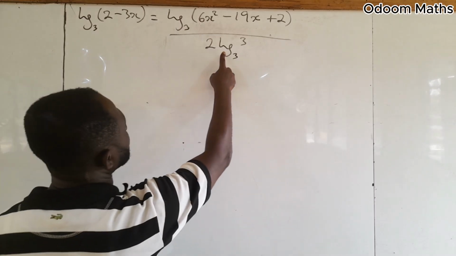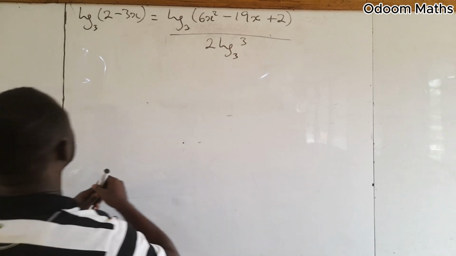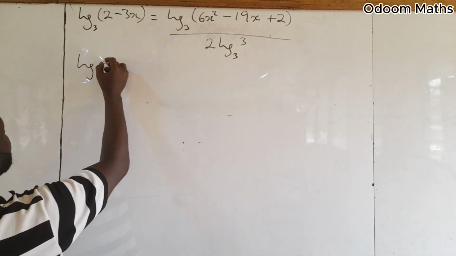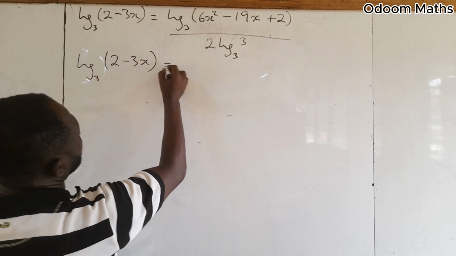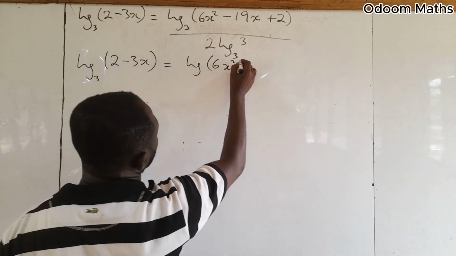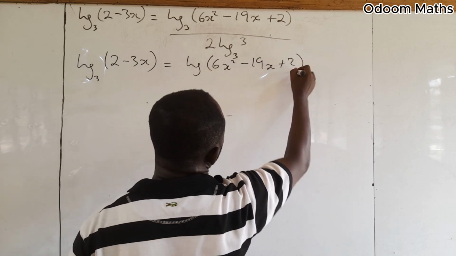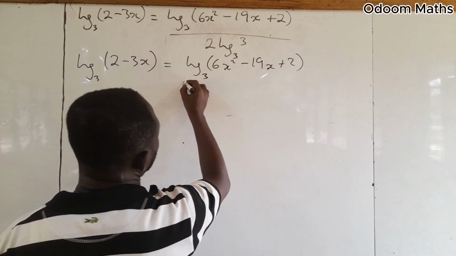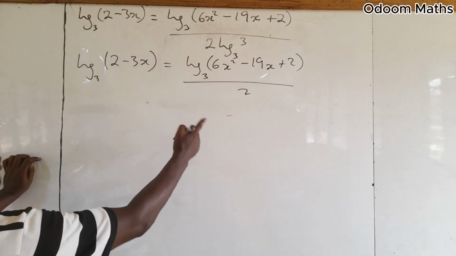Okay, but log 3 base 3 will be 1. So here will be just 2. So log into bracket 2 minus 3x base 3 equals log into bracket 6x squared minus 19x plus 2 base 3 all over 2. Then this 2 should come and multiply this. So that is cross multiplication.